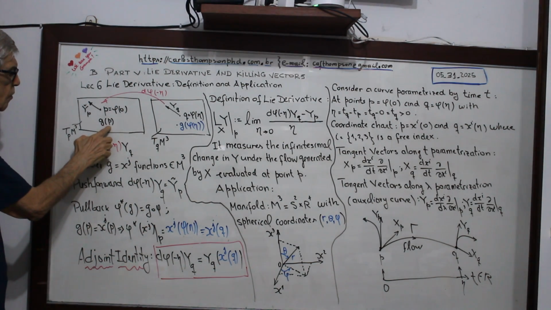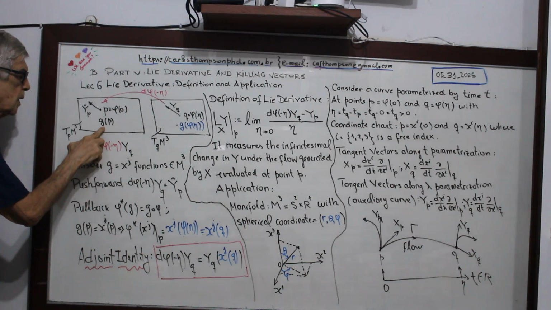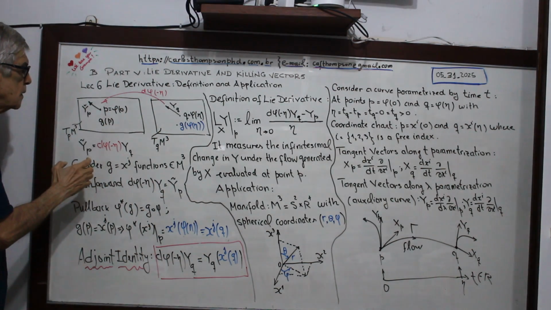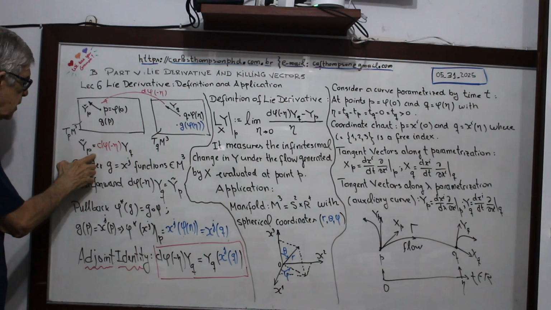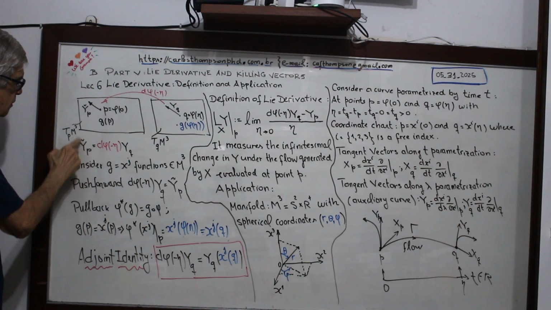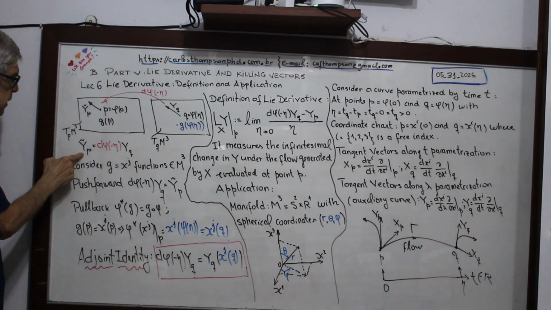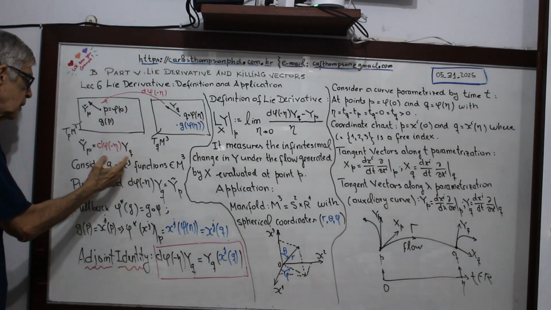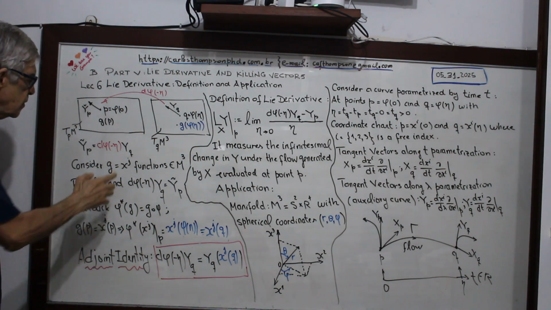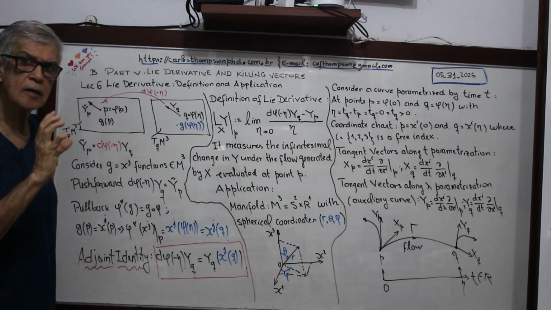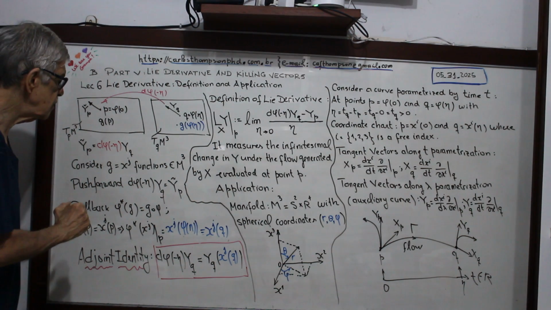This g of P is a scalar, a function, okay? And Y_P applied to Y_Q, you see this Y tilde is at point P. Consider g the Cartesian coordinates x^j. Remember that coordinates are functions, you see?